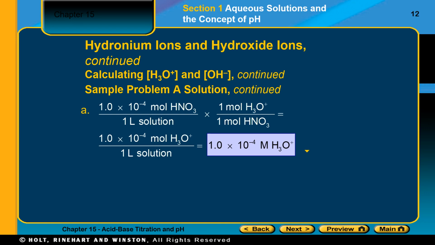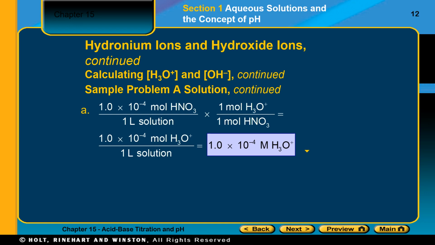So if our concentration of the acid is 1.0 times 10 to the minus 4, and our mole ratio we said was 1 to 1, then we will end up with 1.0 times 10 to the minus 4 moles of hydronium ions per liter of solution. So that means our concentration of H3O+ is 1.0 times 10 to the minus 4. So that's our answer to A.